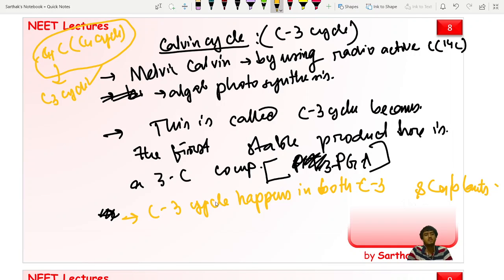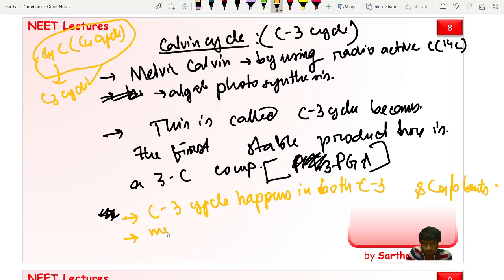The plant must be performing the C3 cycle to survive.